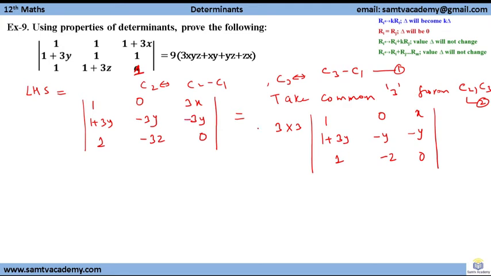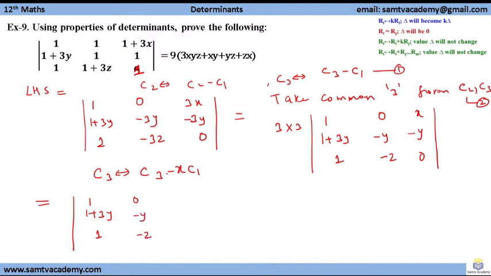Okay, now what you can do, you will make one more 0. So for that what we will do, you replace C3 with C3 minus x C1. So then what we are left with, first column as it is, 1 plus 3y, 1, 0, minus y, minus z.